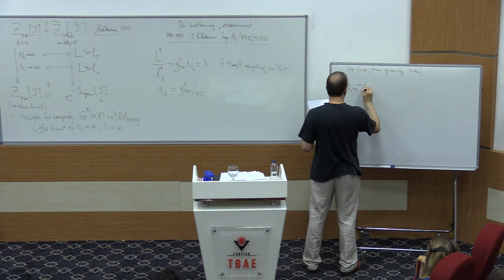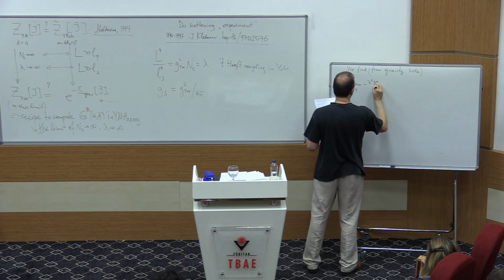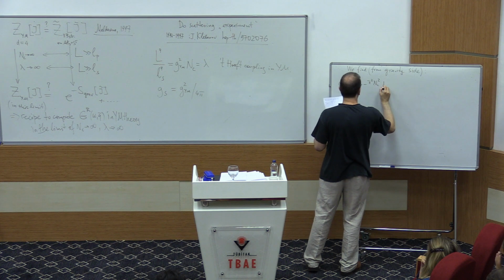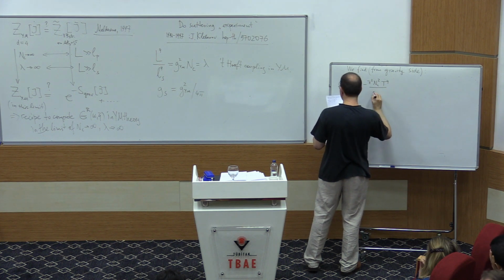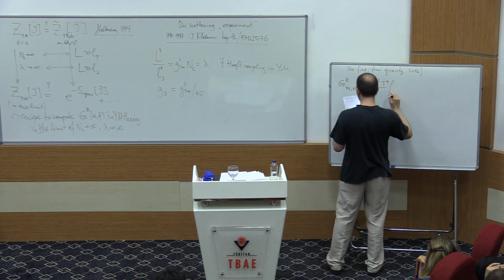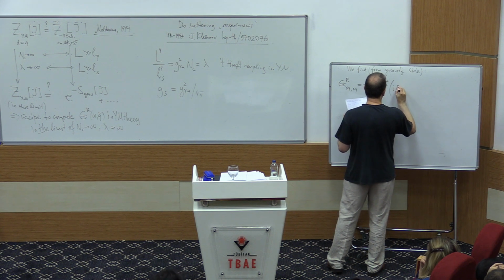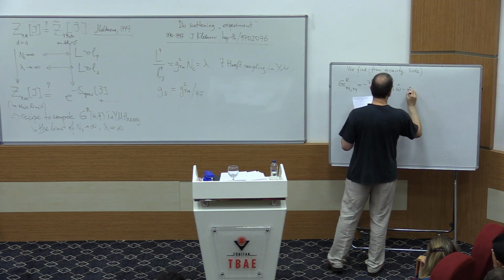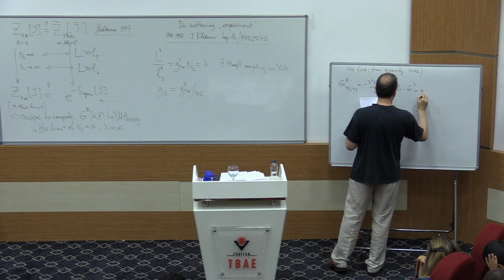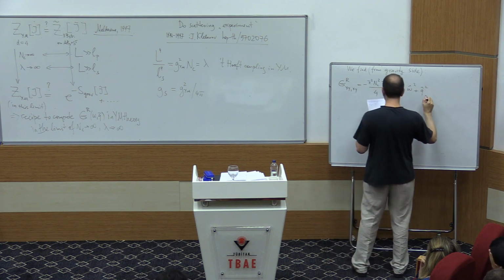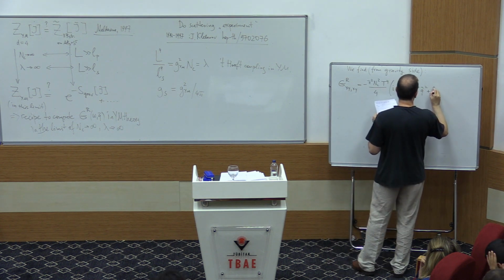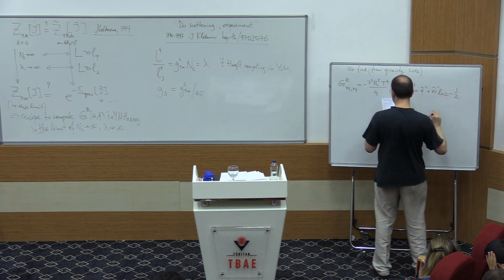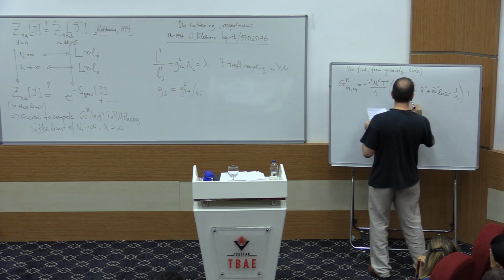And here is the answer: minus pi squared N squared T to the 4th divided by 4, times i omega hat minus omega hat squared plus q hat squared. I will explain in a second what hats mean. Plus omega hat squared (log 2 minus 1/2) plus corrections.